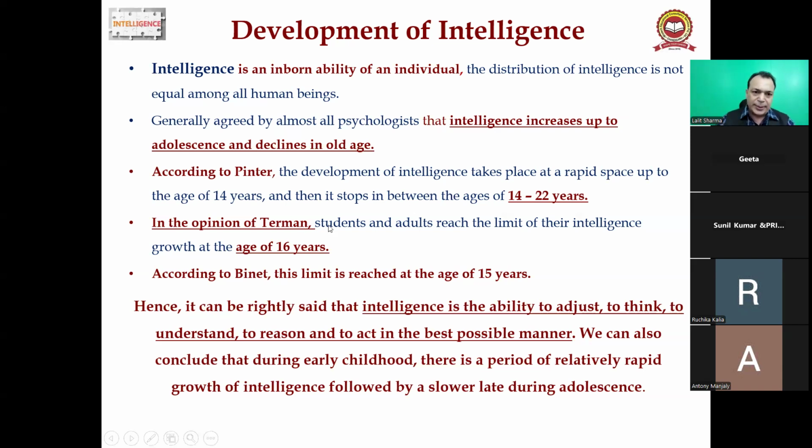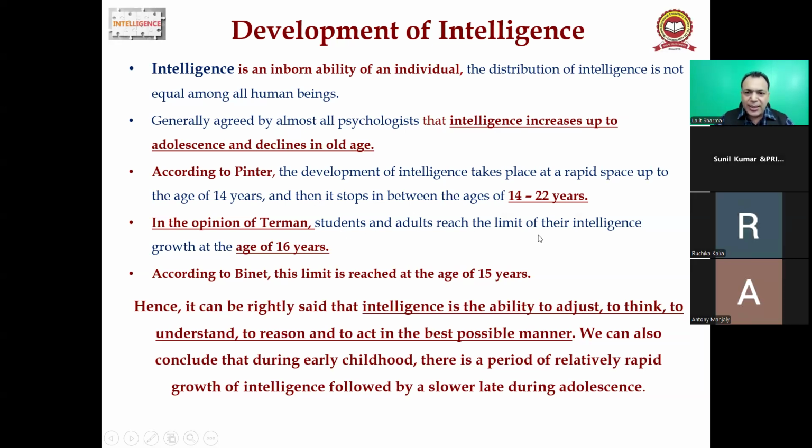In the opinion of Terman, a psychologist, students and adults reach the limit of their intelligence growth at the age of 16 years. According to Binet, this limit is reached at the age of 15 years. Alfred Binet gave the first intelligence test, right?